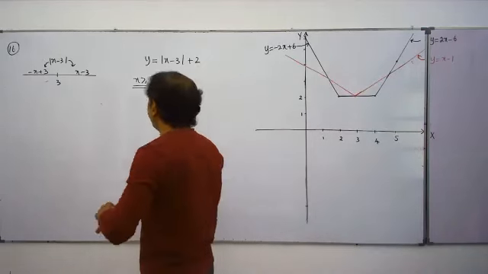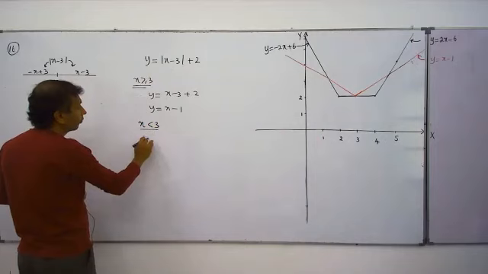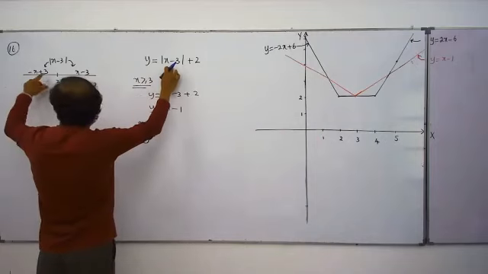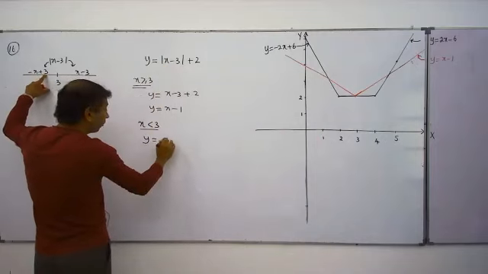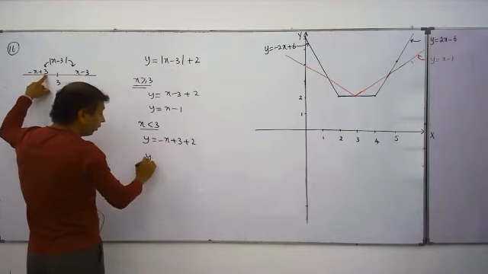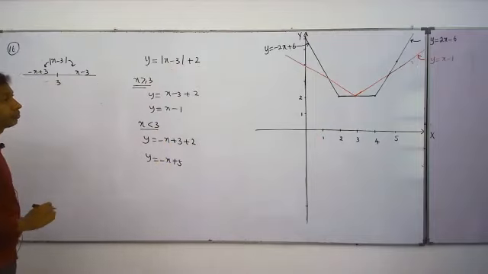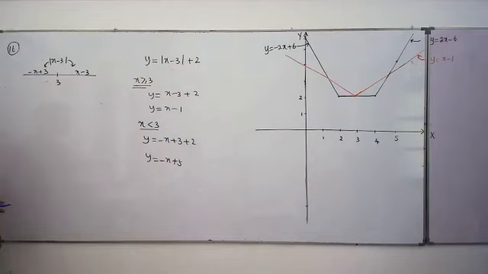Right. x less than 3. This one will be minus 6 plus 3, and that plus 2. y equals minus 6 plus 5. Right?